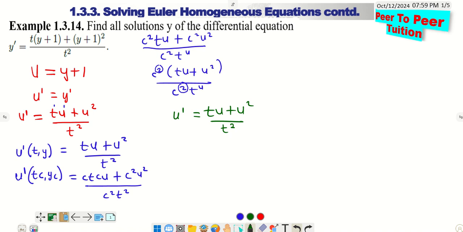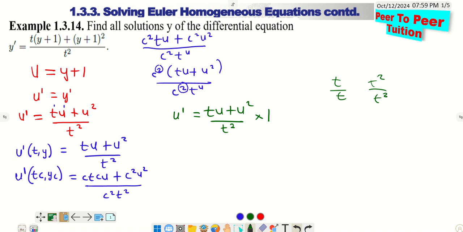We know that this differential equation is homogeneous. Therefore, if I multiply this by 1, I will get the same value. But I can write 1 in different ways. If I write 1 as t over t, that is the same as 1. t squared over t squared is the same as 1.